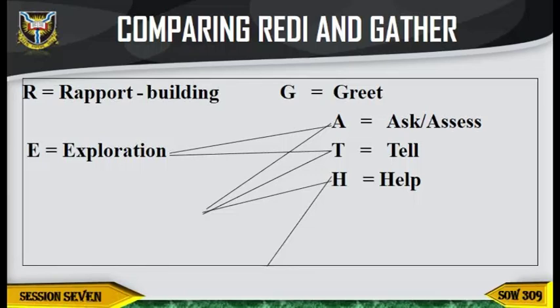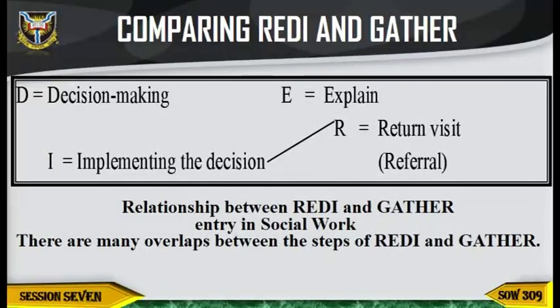A equals ask or assess. T equals tell. D, decision making. H equals help. E equals explain. I equals implementing the decision. R equals return visit, referral.